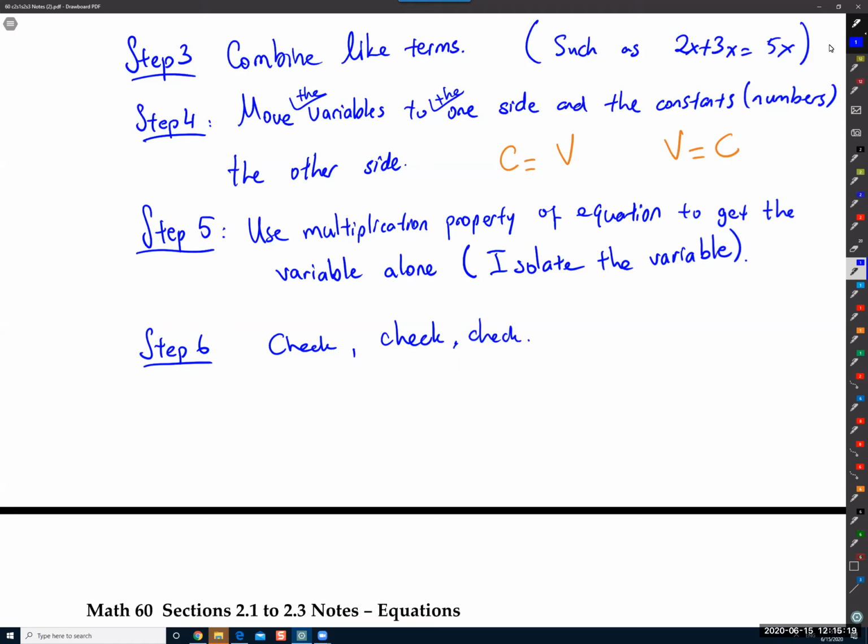Do you drive without insurance? You don't. Check the answer. Yes, you have maybe a high level of confidence, but no, check the answers. You never know. Plug back into the original one.